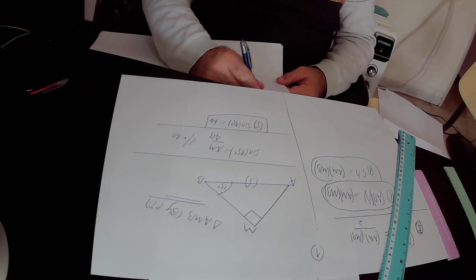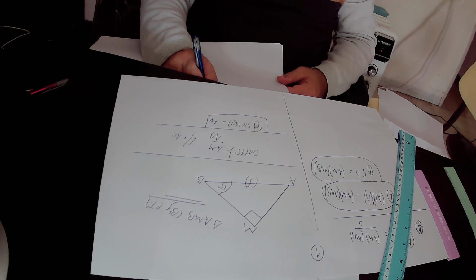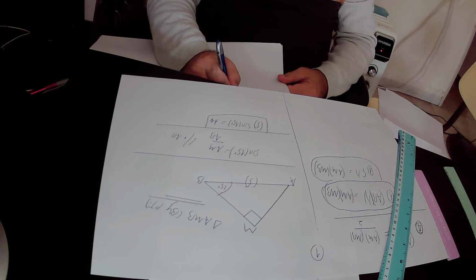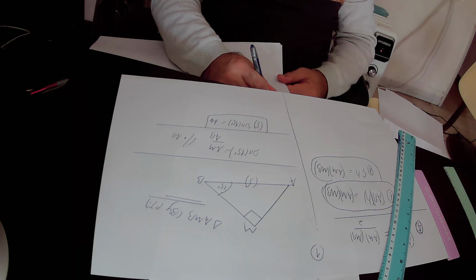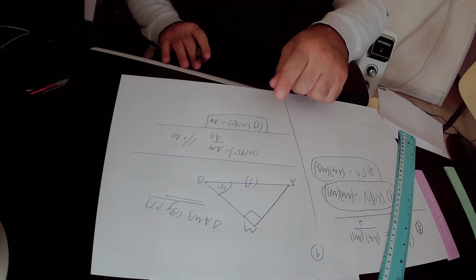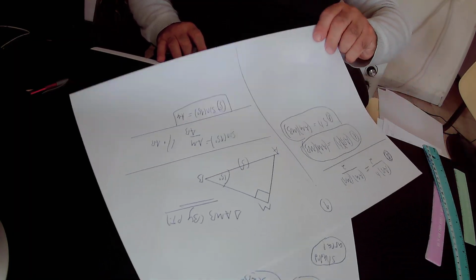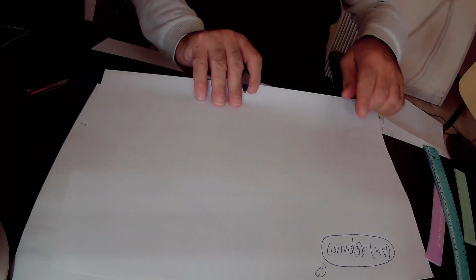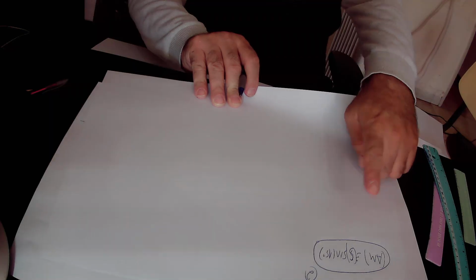Again, AM equals 5 times sine 15 degrees.